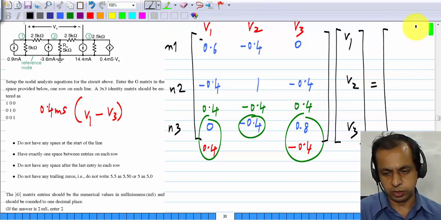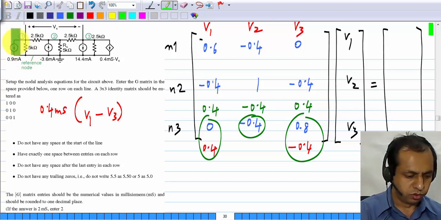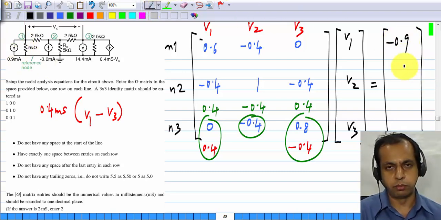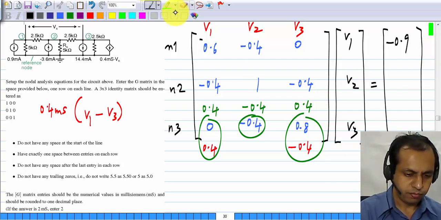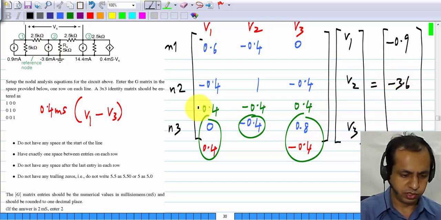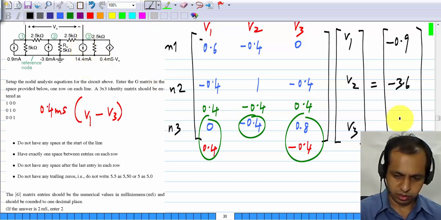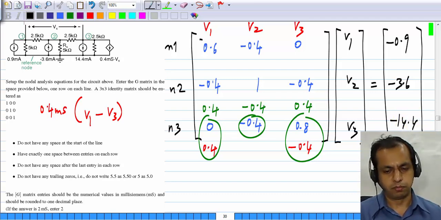You need the source vector, which is basically the total source current to each node. To the first one we have minus 0.9 milliamps. I'm not writing the units here, this is in milliamps. And here we have minus 3.6 coming in, so this will be minus 3.6. And here we have 14.4 going out, so again we have minus 14.4.